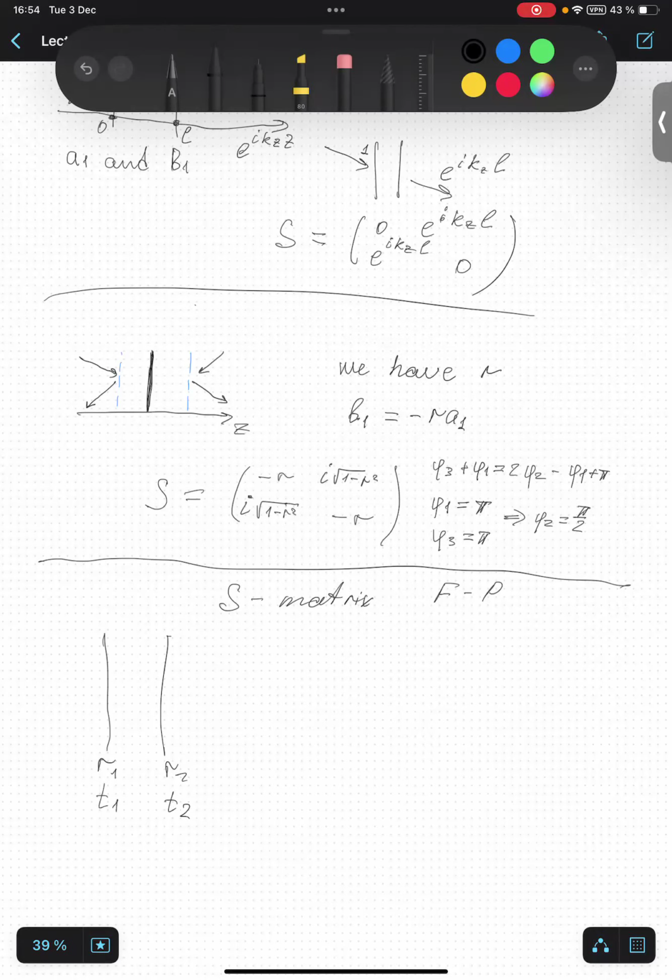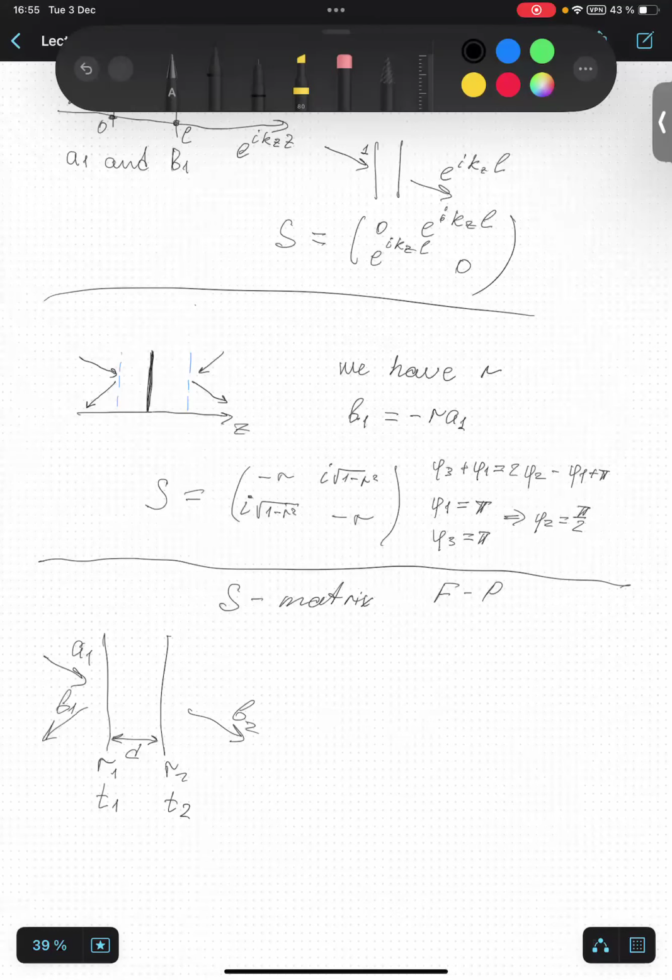Just a simple and well-known system. Again, we have some A1, B1, and here B2. The thickness of the resonator is d.